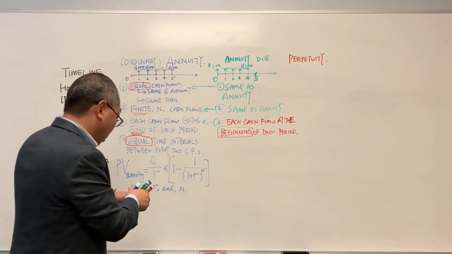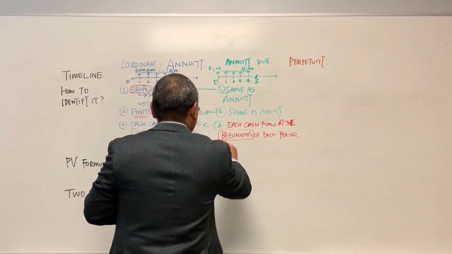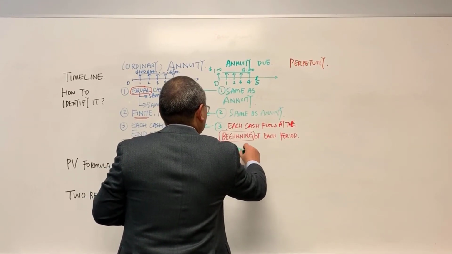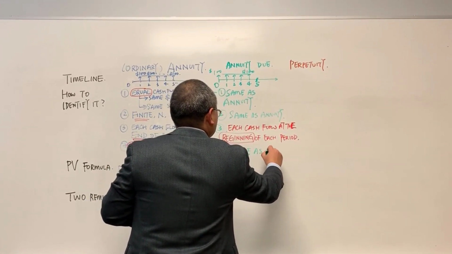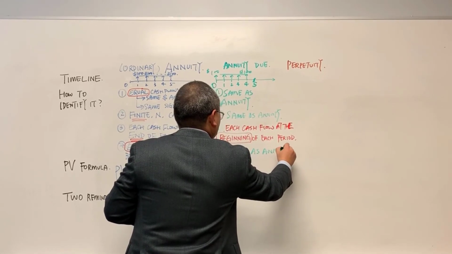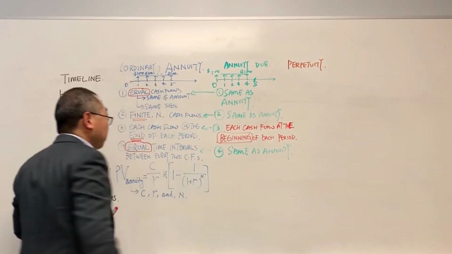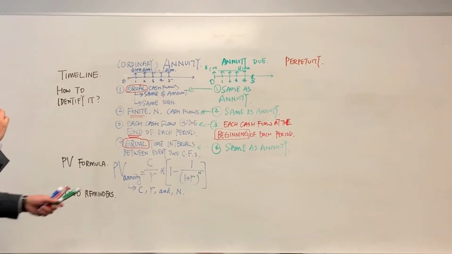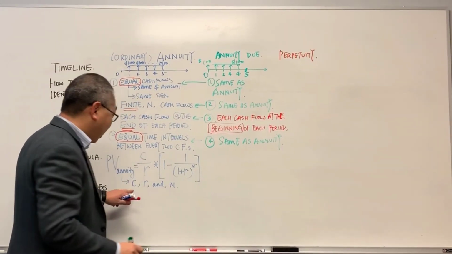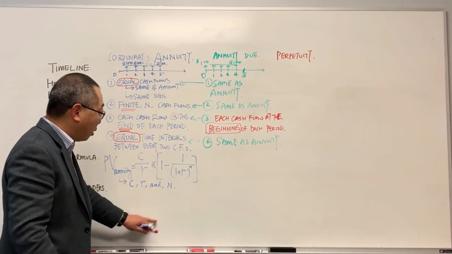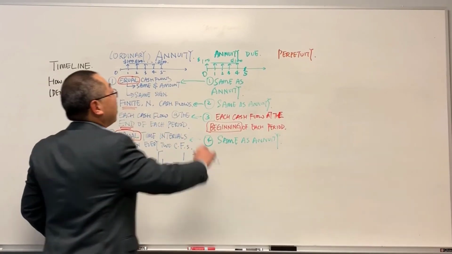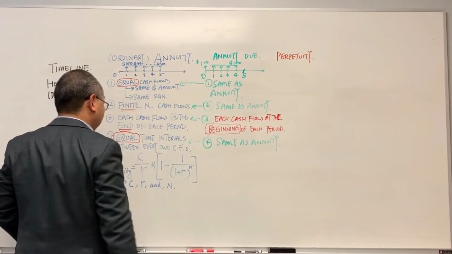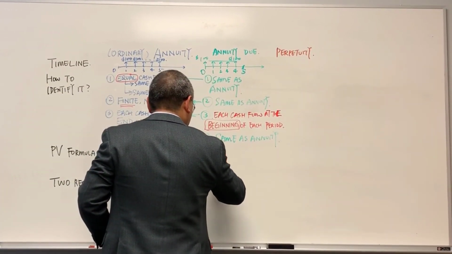That's different. Okay. Number 4, same as annuity. Then for present value calculation, with the same C, same R, and same N, the only difference is the occurrence of each cash flow. Then we'll see the relationship.